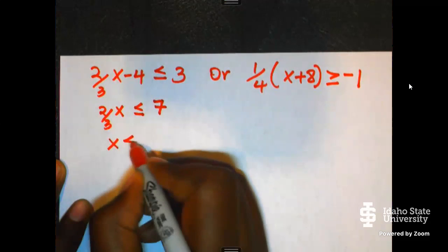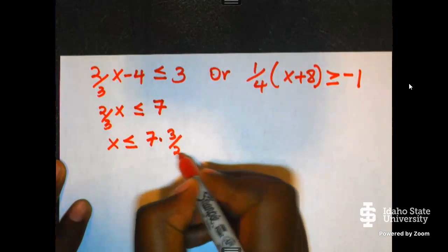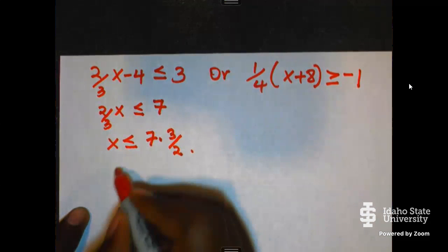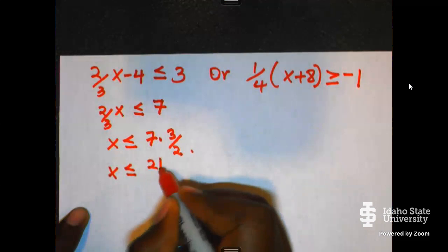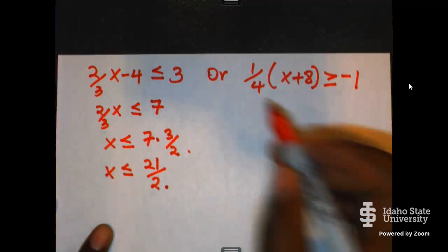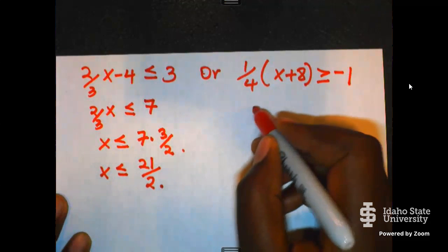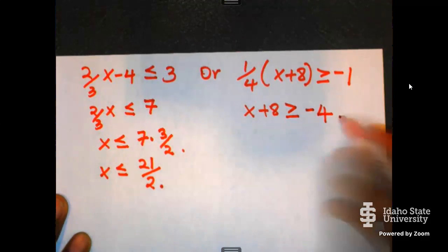So x less or equals to 7 times what? 3 all over 2. Okay? So x less or equals to what? 21 over 2. So on this other side, we multiply both sides by what? 4. So x plus 8 greater or equals to minus 4.